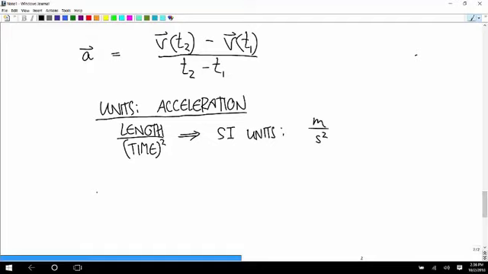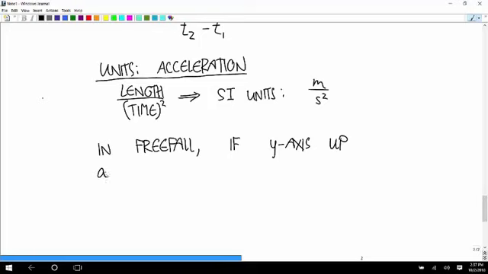And for free fall problems, remember free fall and projectile motion are probably the most important application of the constant acceleration equations. If something's in free fall or projectile motion, and you choose a y-axis up, then the acceleration vector is known.